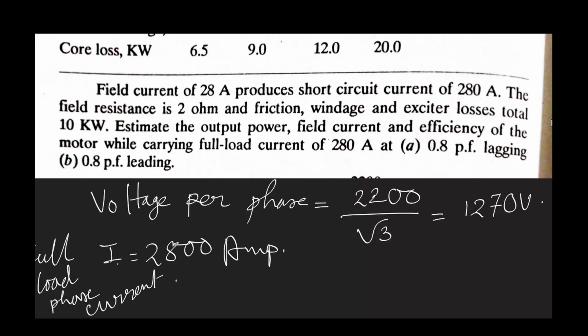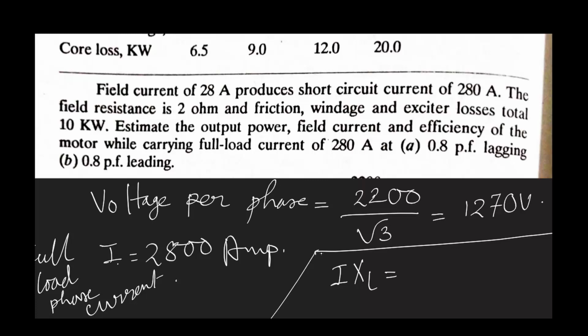So here what we can write is that for this 28 ampere, 280 ampere current is flowing through the winding. So what about our IXL?